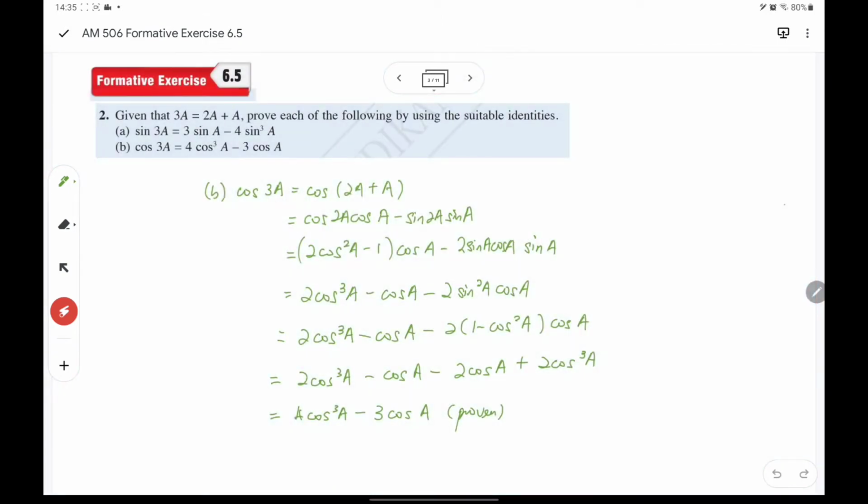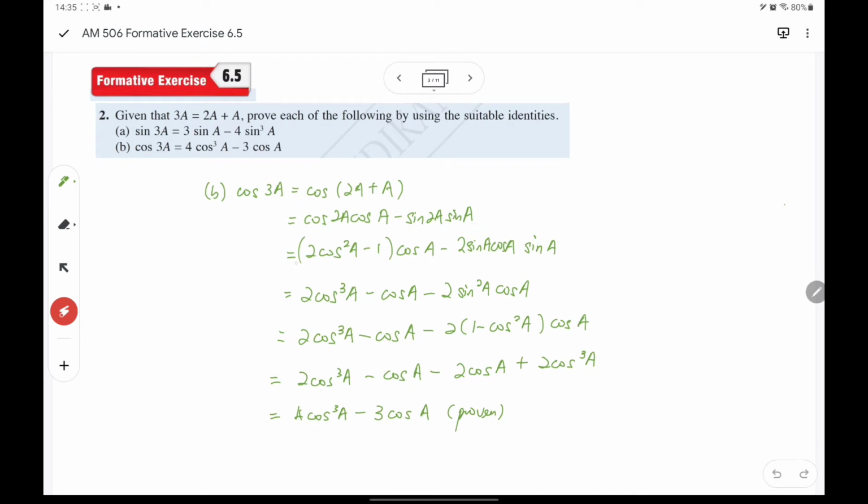B. Cosine 3A equals 4 cosine cube A minus 3 cosine A. So same thing, we expand the 3A into 2A plus A. And then with the addition formula of cosine, we have cosine 2A cosine A minus sine A sine 2A.